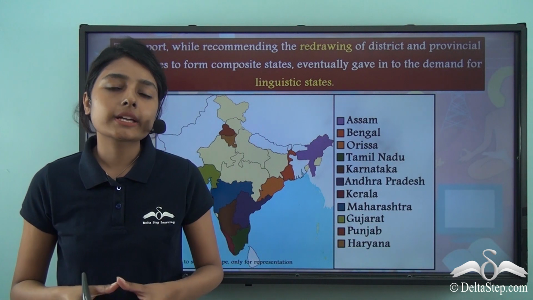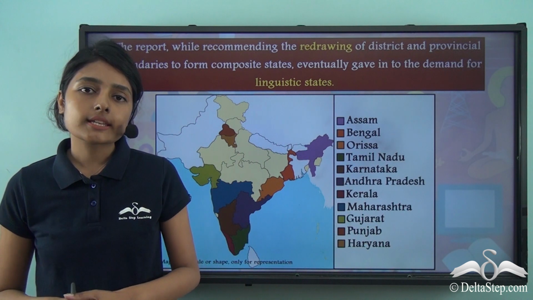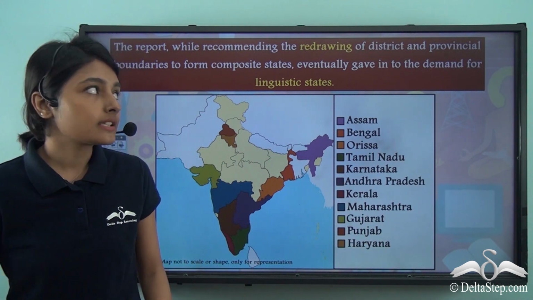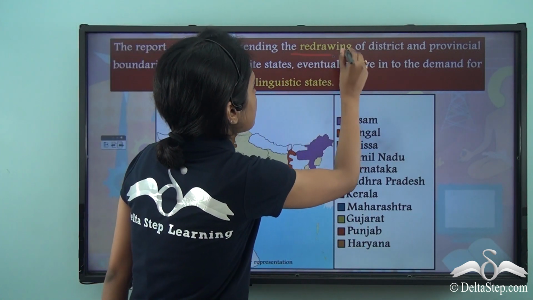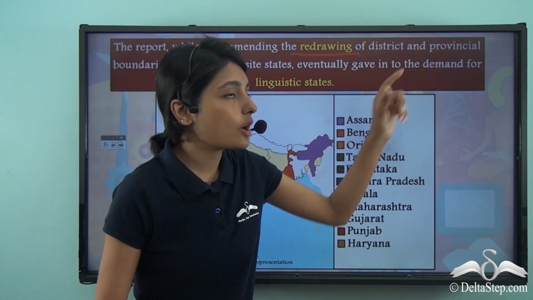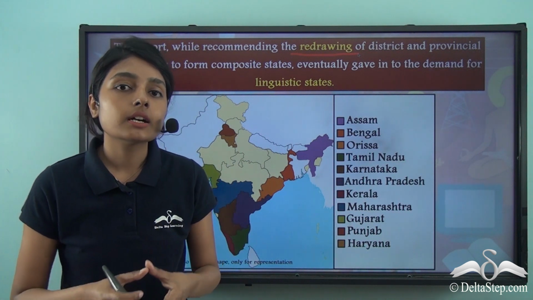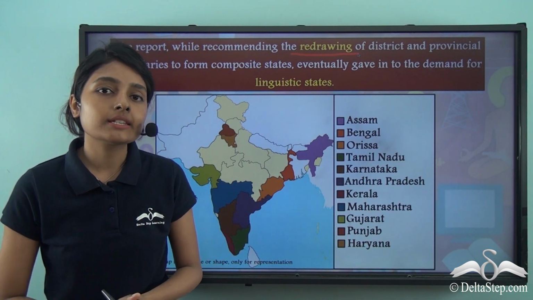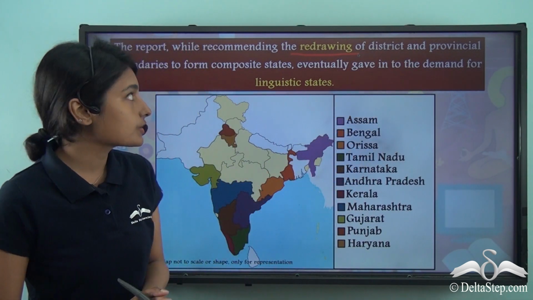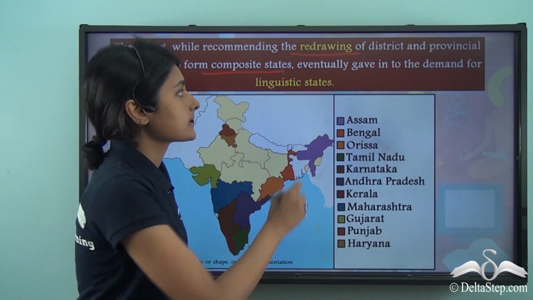So let us now look at the report that was submitted by the States Reorganization Commission in 1956. It posited that boundaries should be redrawn. Boundaries of various districts and provinces should be redrawn in order to make more clear and properly coherent territories. So, district and provincial boundaries were supposed to be drawn to form composite states.